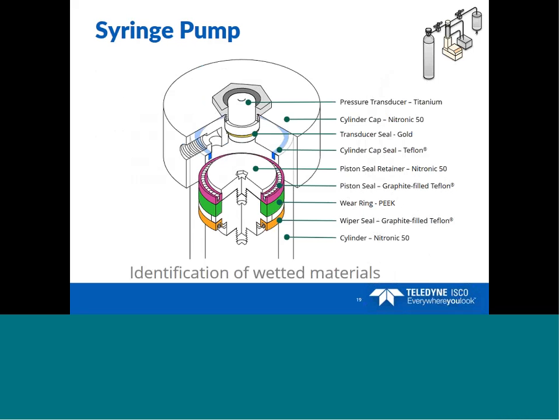The piston seal is graphite-filled Teflon, and the wear ring below the seal is made of PEEK. The wiper seal is graphite-filled Teflon, the same as the pressure seal. And finally, the cylinder is made out of Nitronic. All the wetted standard materials of an Esco syringe pump are compatible with CO2, and no additional modifications are necessary.